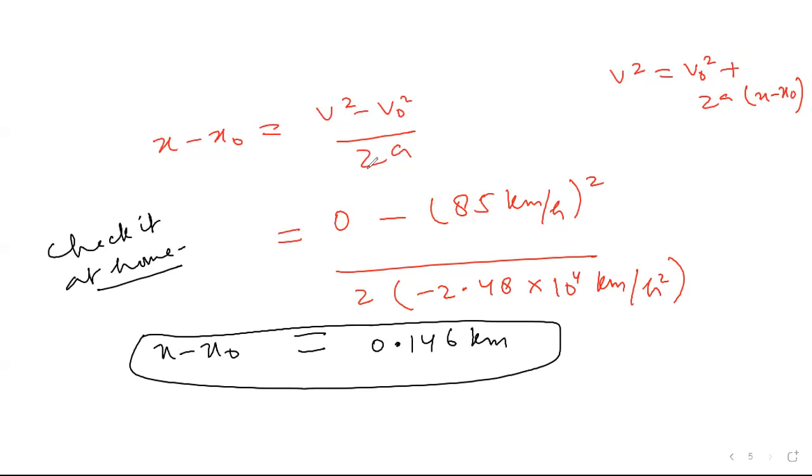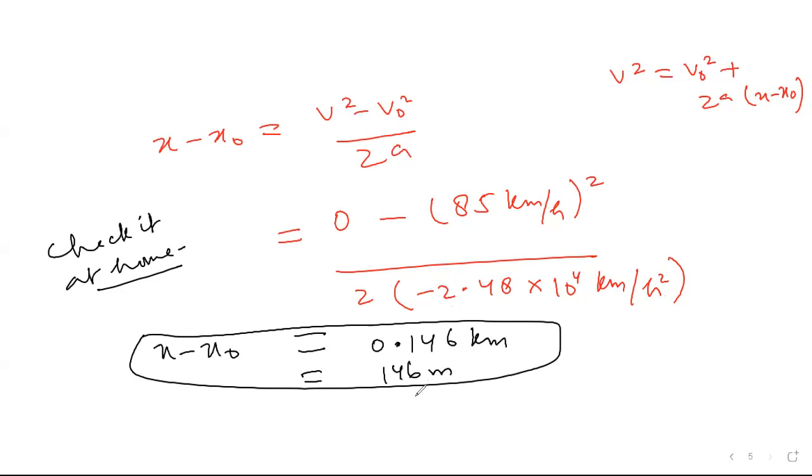x minus x naught is v squared minus v naught squared over 2a. I am putting v as 0 and v naught as 85 kilometers per hour. Then I square, and I have 2 times the acceleration, which is minus 2.48 times 10 to the 4 kilometers per hour squared. When I solve, I get 0.146 kilometer, or in meters, 146 meters.